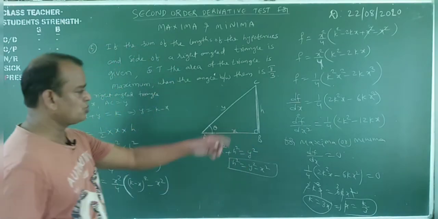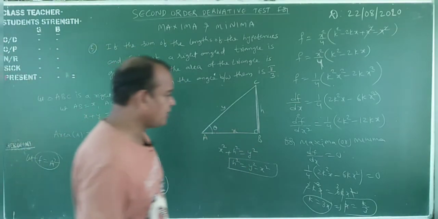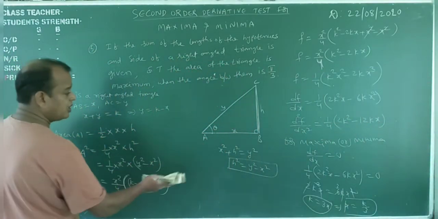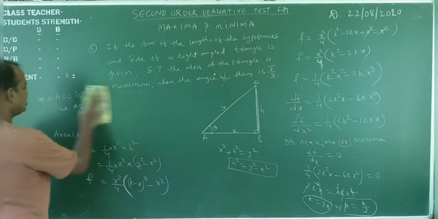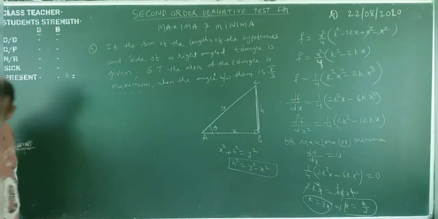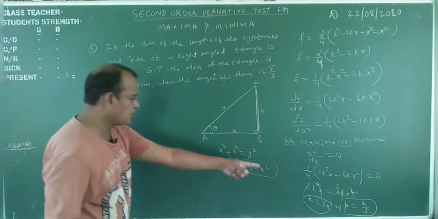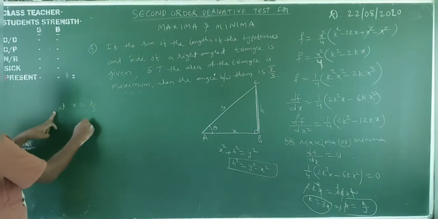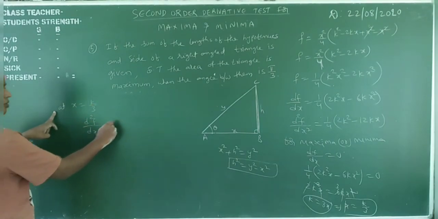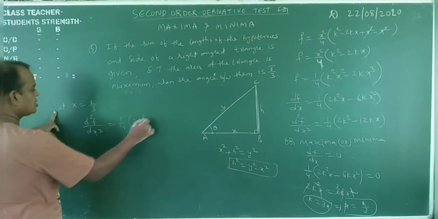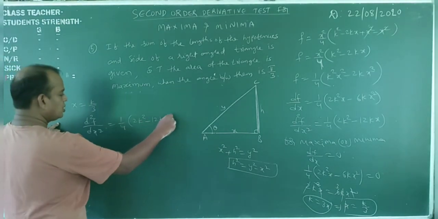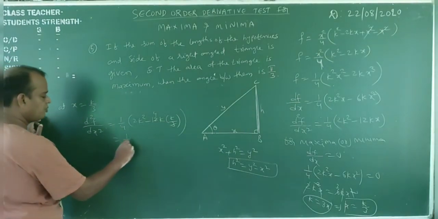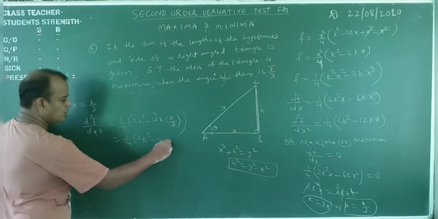That x is equal to k by 3, substitute in the second order derivative. Therefore, at x is equal to k by 3, the second order derivative d square f by dx square is equal to 1 by 4 into (2k square minus 12k into k by 3). 12 times k by 3 is 4k square.